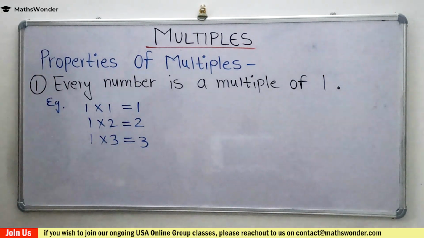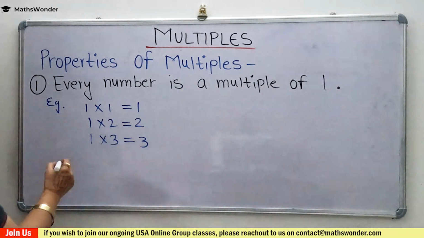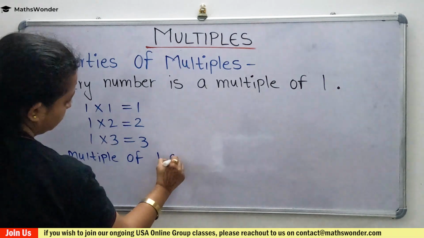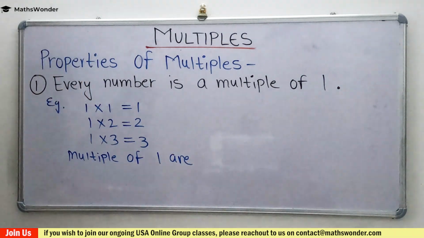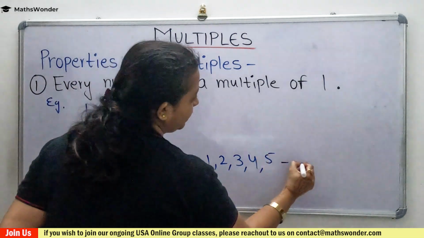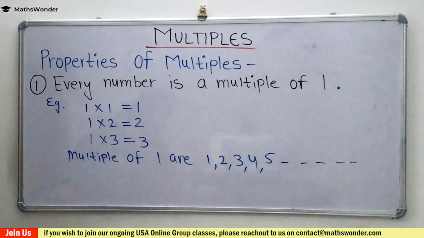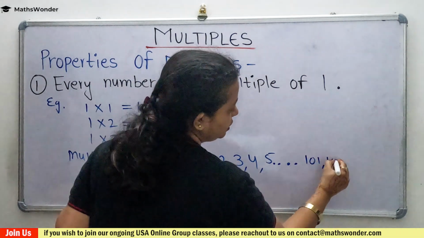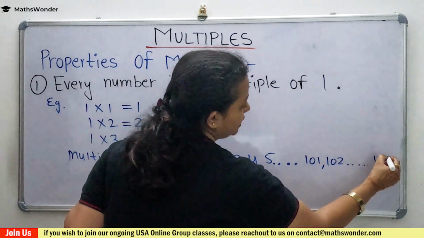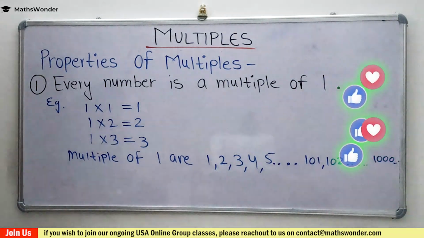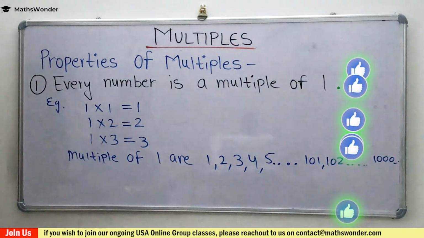So, multiples of 1 are 1, 2, 3, 4, 5 and so on. Even in between you can write 101, 102 and then 1000, then more and more. So, every number is a multiple of 1. Okay?